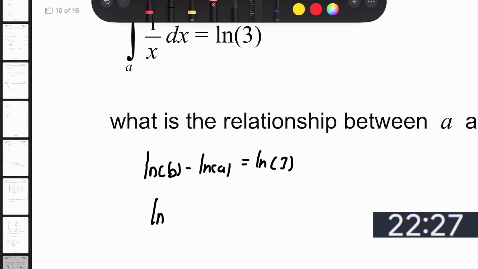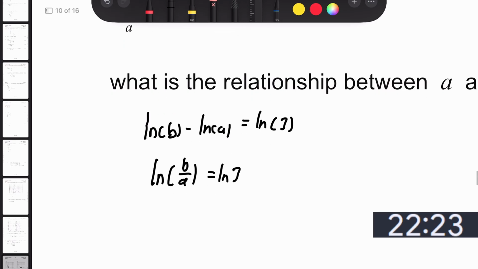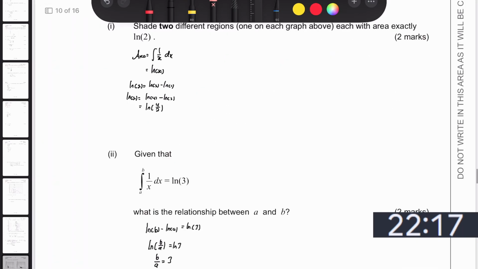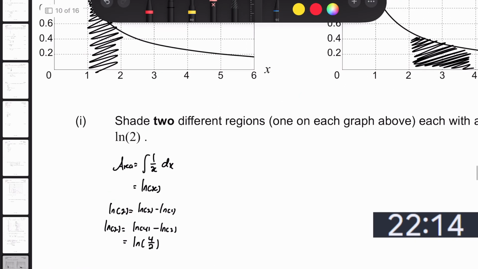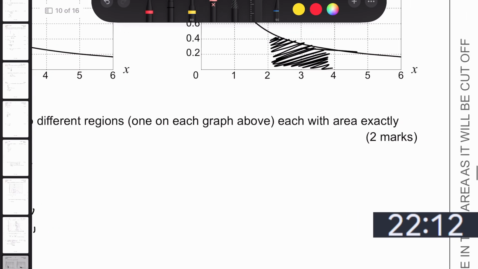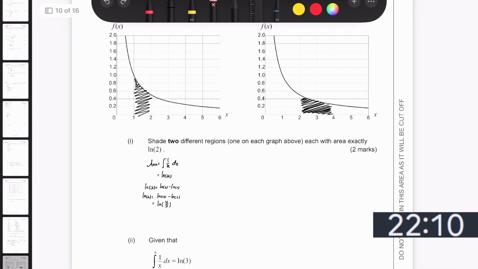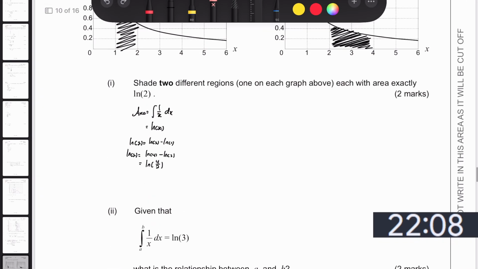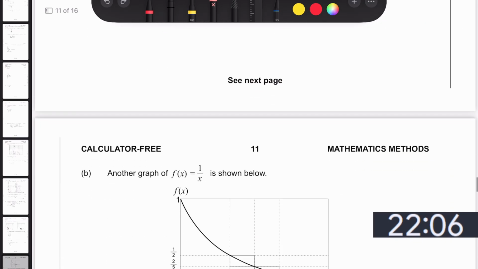So then ln of B on A is going to be equal to ln of 3. So then B on A is equal to 3, or B is equal to 3A. Oh, okay, I see now. Yeah, because you could have done then 6 to 3. Interesting. So B is equal to 3A. Upper bound is 3 times as big.